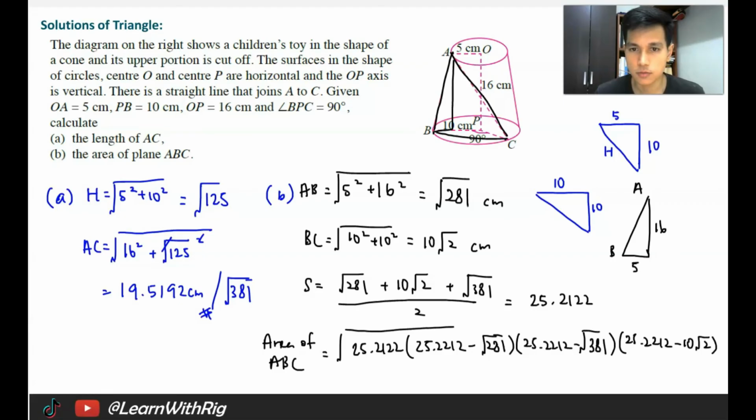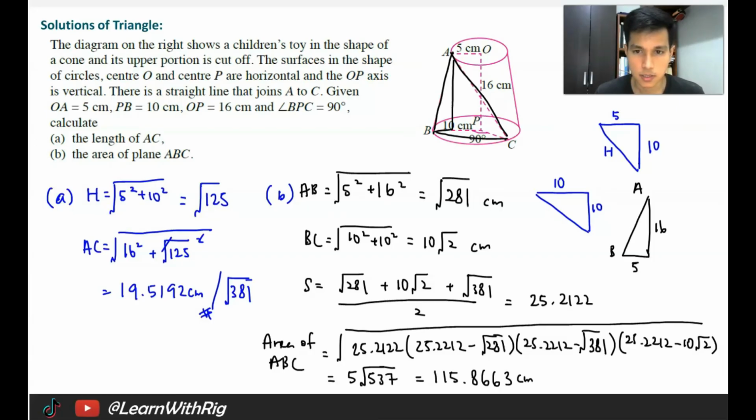Then don't forget to square root the whole thing. You should in the end get your answer 5√537, which is also equals to 115.8663 cm squared.